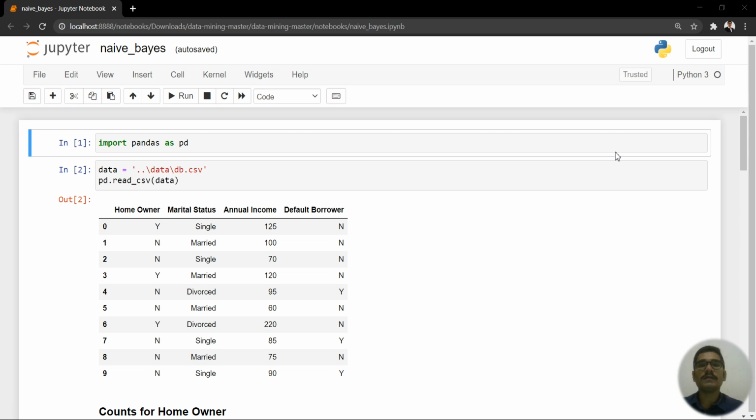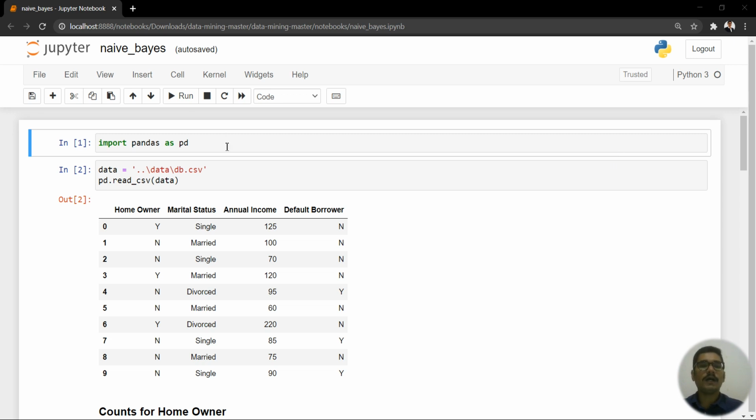This is not a model building activity, but just some simple calculations from a simple data set, showing how we can make use of it for classification. So we'll see some of the formulas and how it is actually done. These are the basic calculations that we'll be seeing.